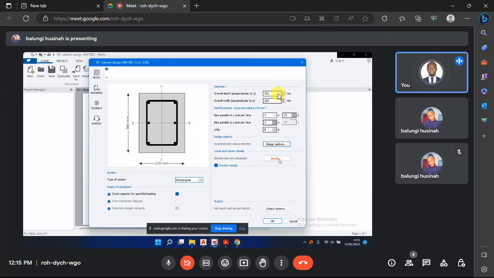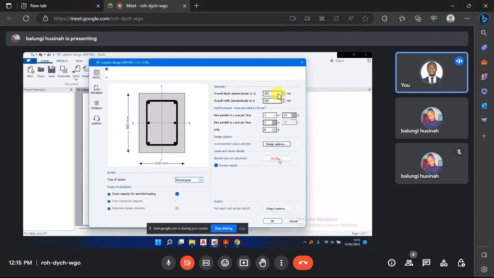Check whether it is a slender column. You know slender column? A slender column fails in bending, whereas a short column fails in crushing. And we always encourage you to have short columns instead of slender columns. Why?